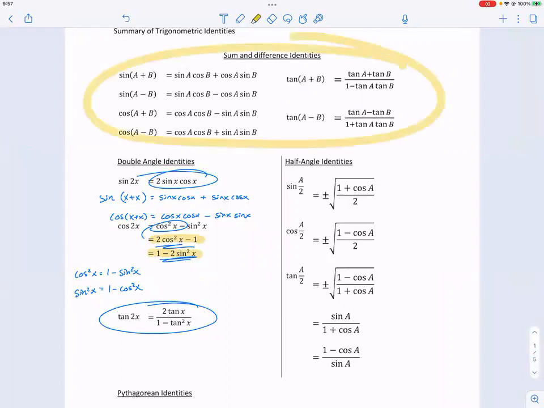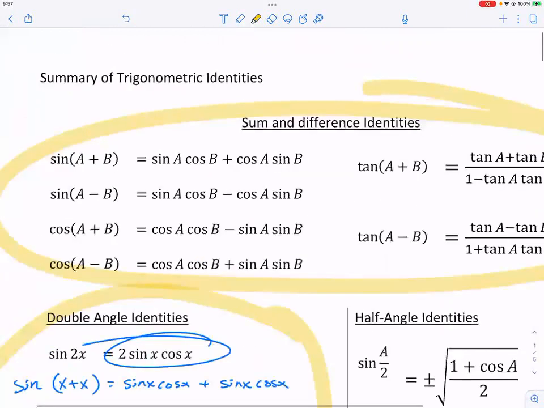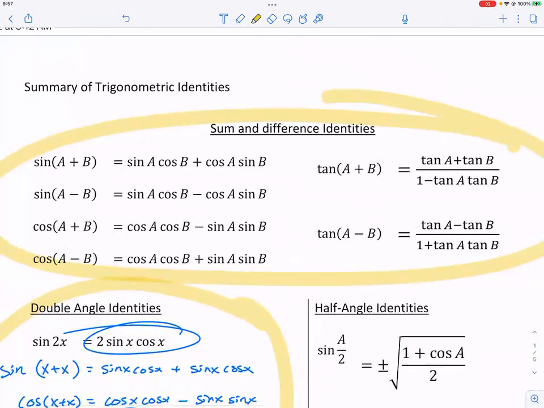If you know the sum and differences, you will be able to get this as well, if you are using your logic. Okay, so we'll continue tomorrow. Make sure you can write all those identities here.